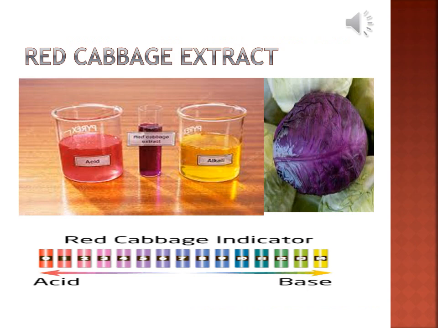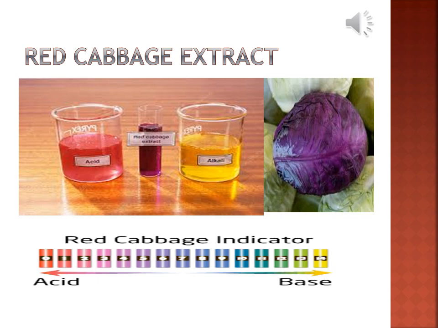Red cabbage leaves are chopped down and then the extract is taken out, which is purplish in color. Now if this extract is serving as an indicator, when it is taken to an acidic medium, we have a range of colors that goes from red to pink and lightly purplish.